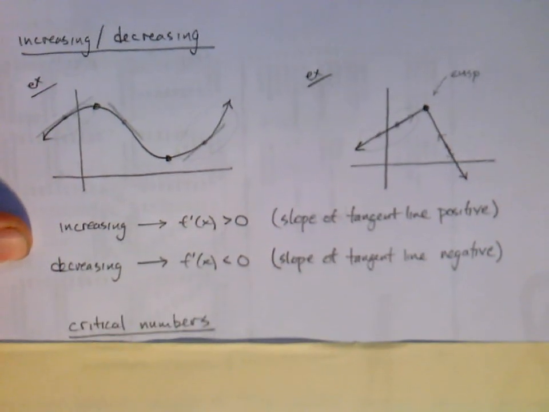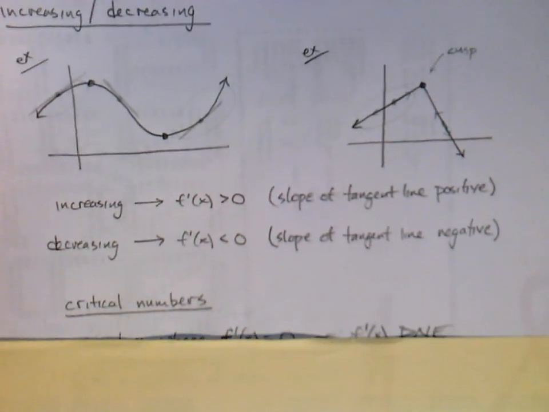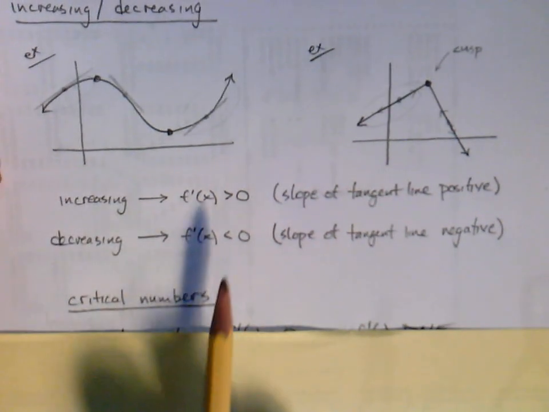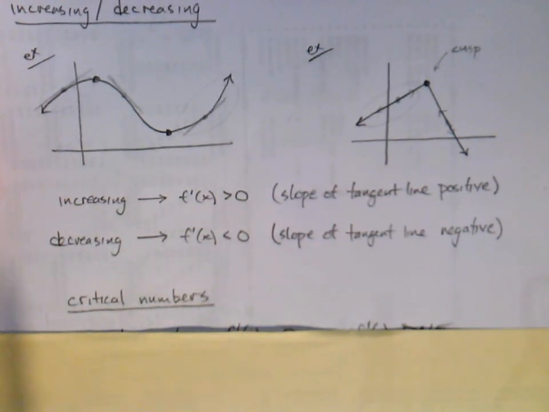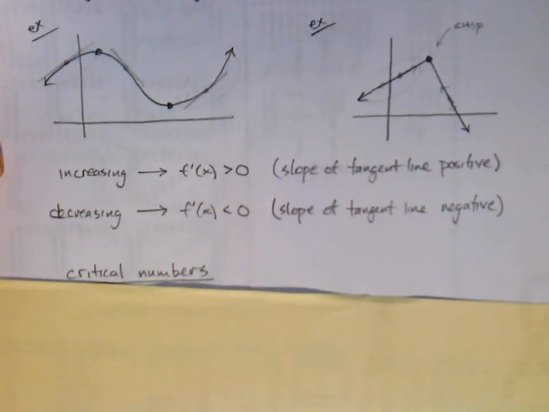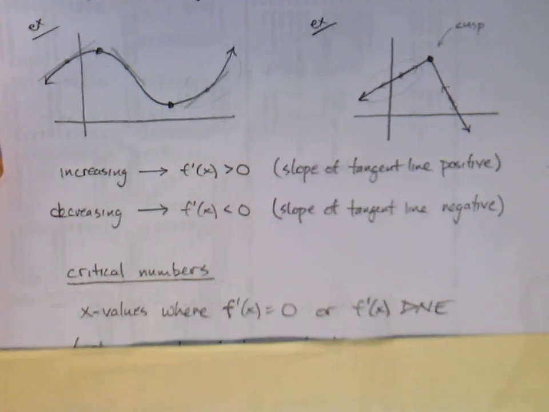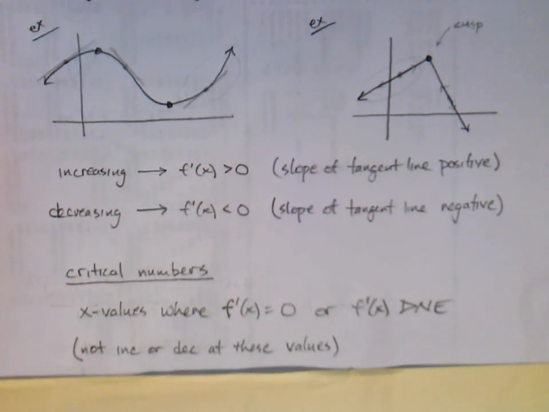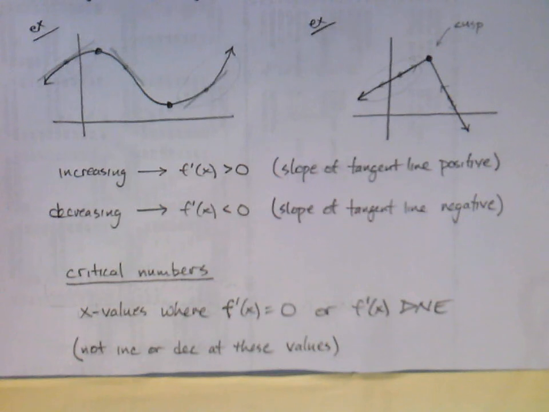Okay. Now, instead of solving these inequalities, it turns out there's a better way. They're called critical numbers. Here's how they're defined.